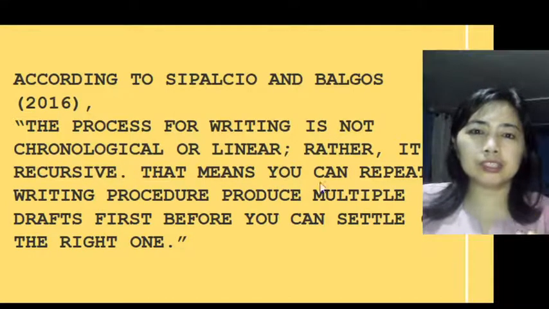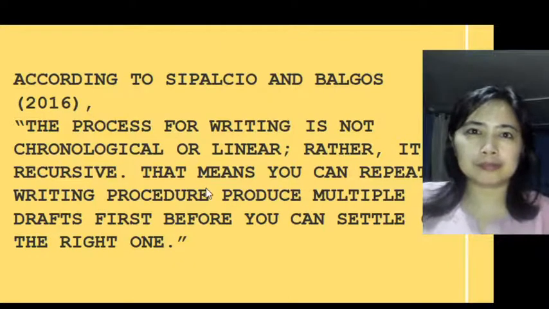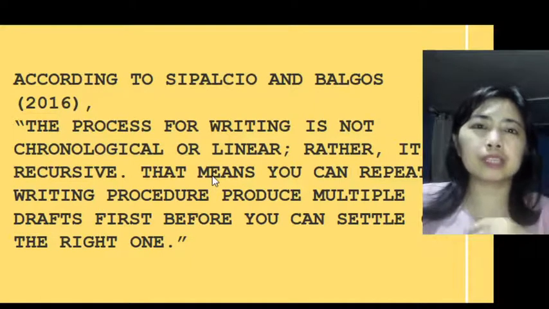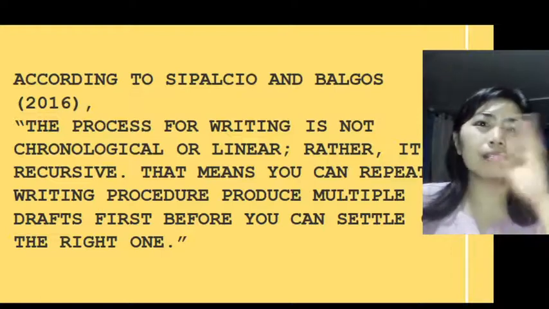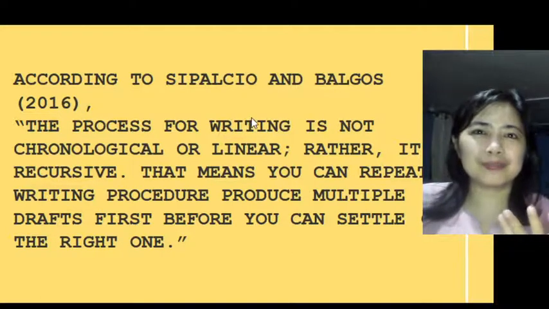It means you can repeat a writing procedure, produce multiple drafts before you can settle on the right one. It's up to us. From those principles, you can repeat the first step or the fourth step, as long as it works for you.